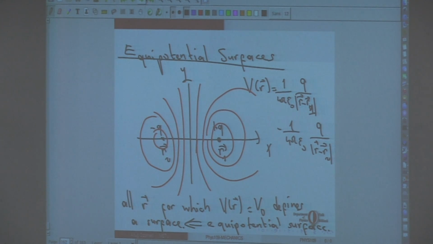Now another thing, well, at this point is it clear? I mean, what do we mean by equipotential surfaces? They carry exactly the same information as the electric field. Remember, in the case of the electric field lines, we could determine the direction of the electric field by looking at the tangent to those lines, and the magnitude was given by the density of the electric field lines.